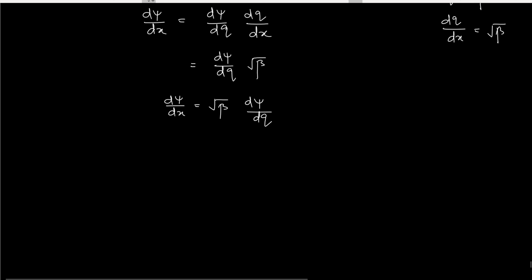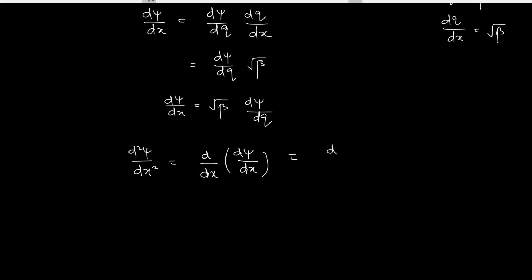Now take its double derivative, d2 psi upon dx2. It is d by dx of d psi by dx, which is d upon dq of d psi by dx into dq by dx.